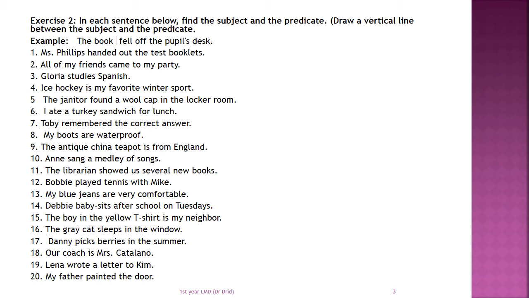2. All of my friends came to my party. Where is my predicate? How do I find it or its beginning? I look for the verb. Came. Came to my party. This is the predicate. This is said about who? About all of my friends.